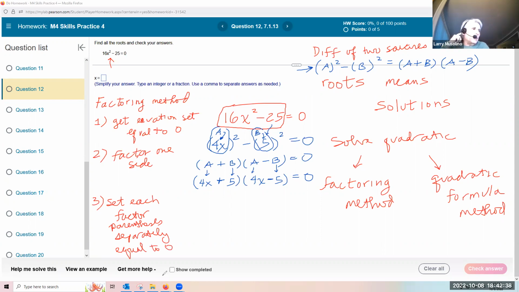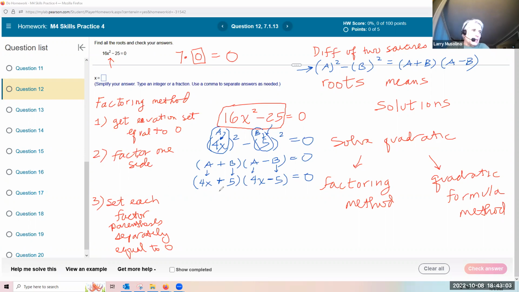The reason I'm doing that is if you have one quantity times another, let me give you an example. What if I have 7 times something equal to 0? The only way this could be true is if in the red box I put a 0. If you have two numbers multiplying together to get you the answer 0, the only way that equation can be true is if one of the numbers themselves is equal to 0.